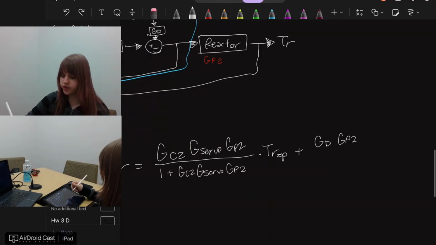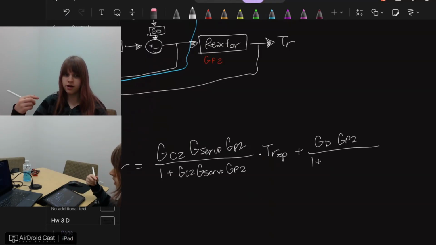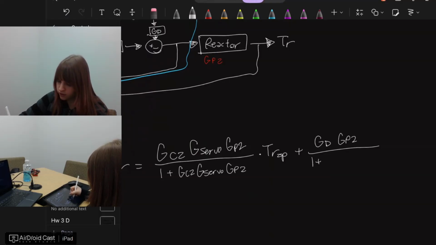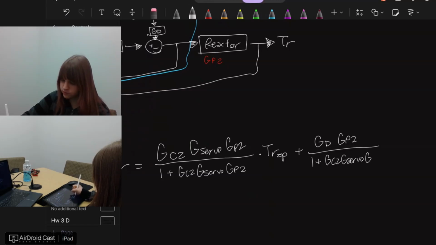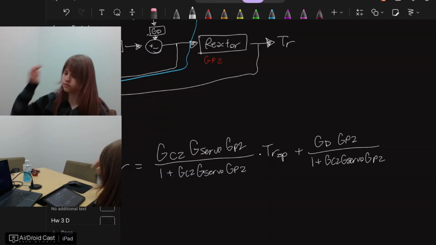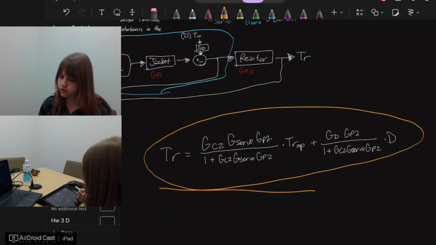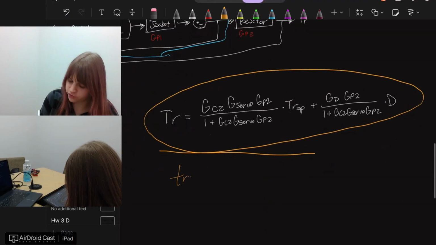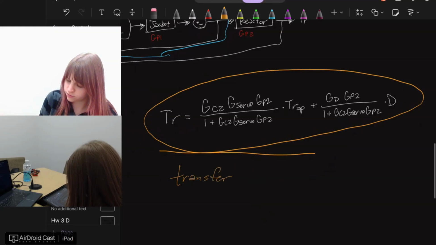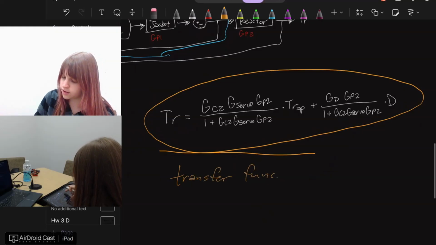So we have GD times GP2 divided by 1 plus the same thing as the previous, and that is multiplied by the disturbance coming in. So this right here is the transfer function that we calculated.